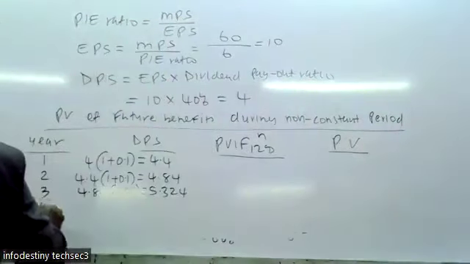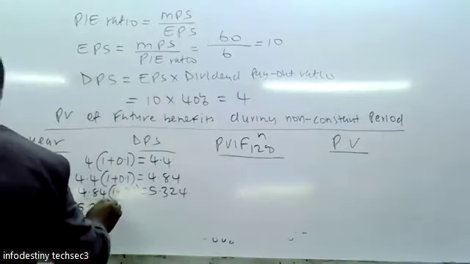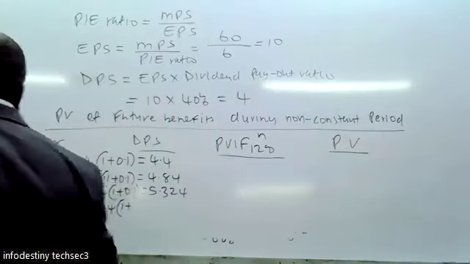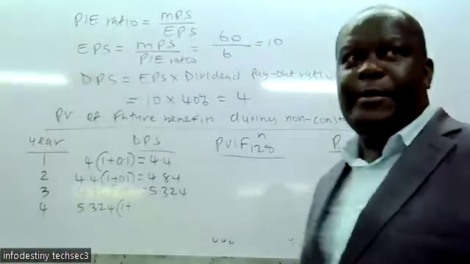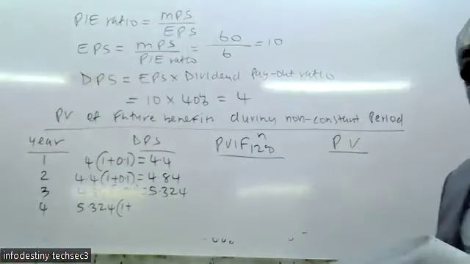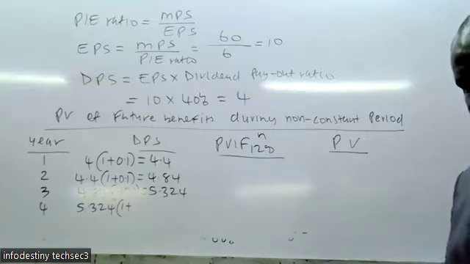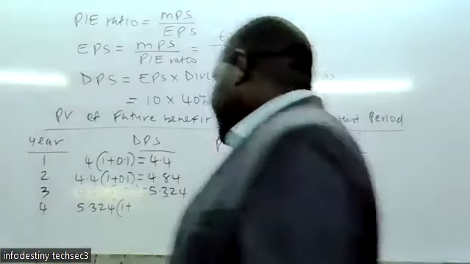So go to year 4. Year 4, it could be at what percent? It was 5% for the next 2 years.